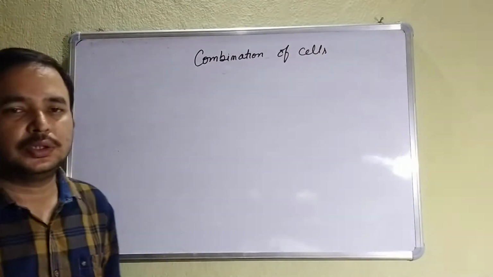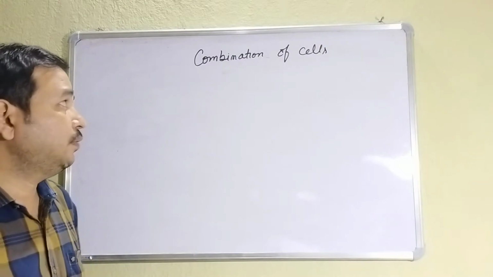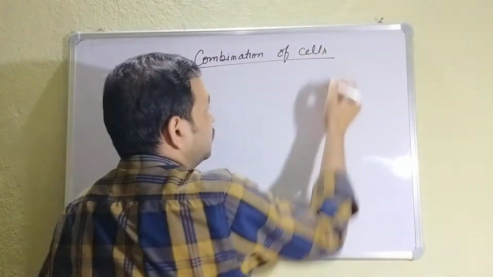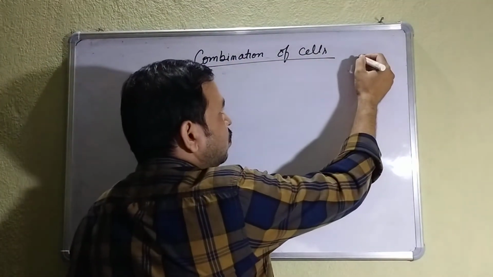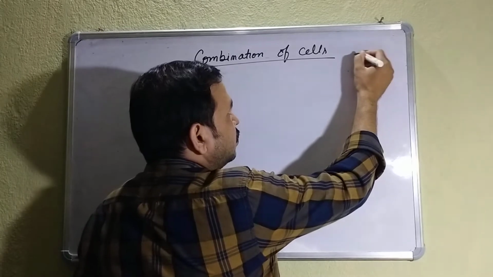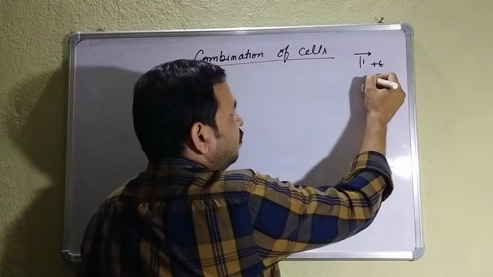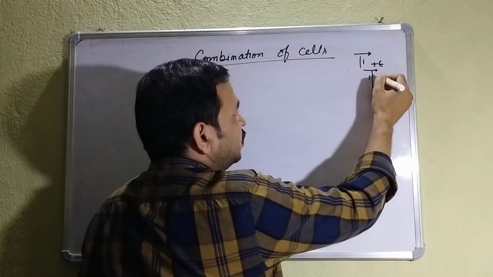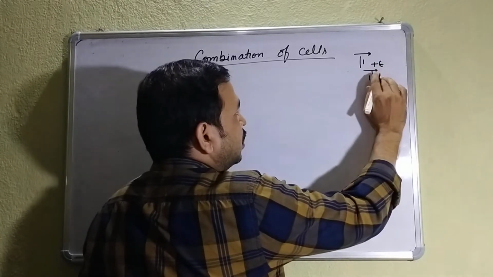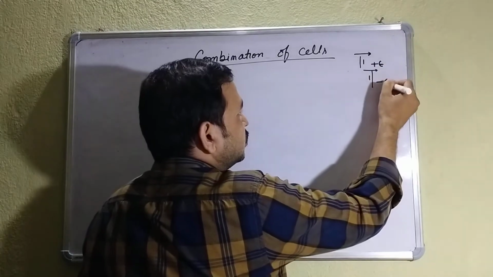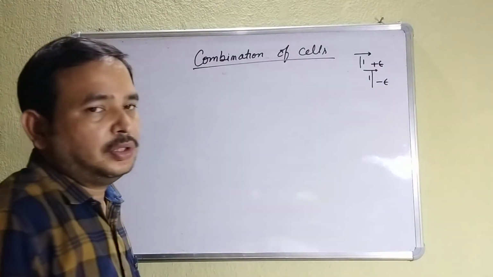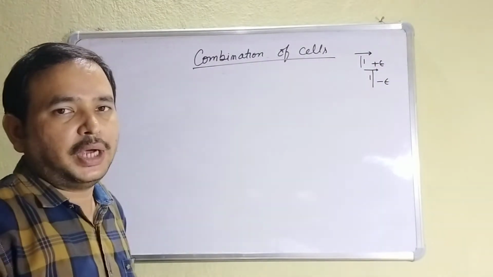In that we have discussed that if we go from positive to negative, then we have to take plus EMF. If we are going from negative to positive, then we have to take minus EMF. You can take just the opposite of that also.